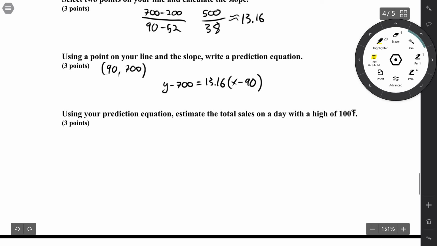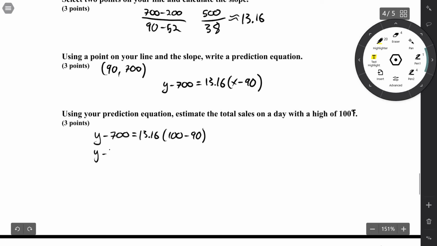Using your prediction equation, estimate the total sales on a day with a high of 100 degrees Fahrenheit. Okay, that would mean we plug in 100 for that x value and then just crunch it all out. So we'd get y minus 700 equals 13.16 times 100 minus 90.